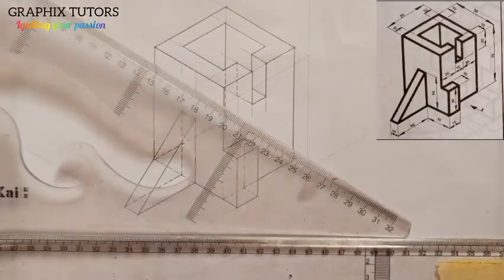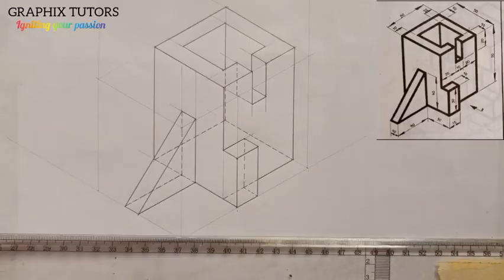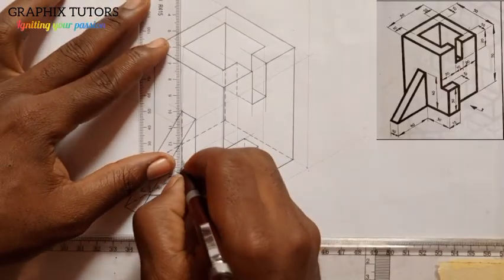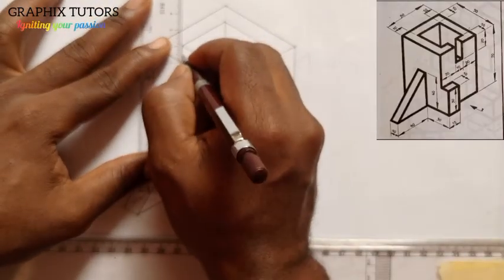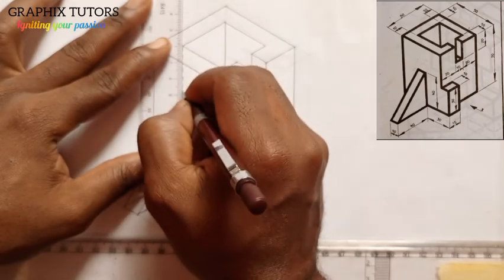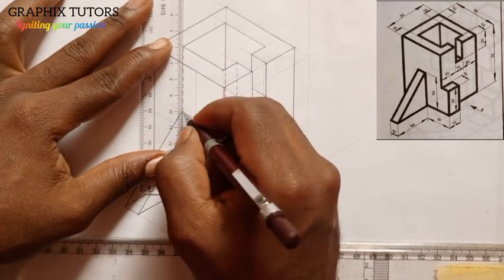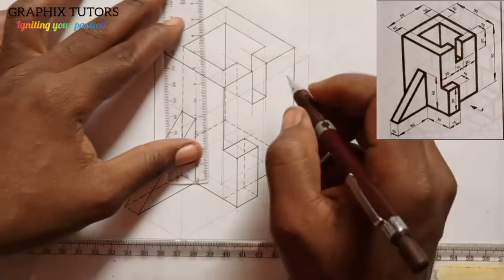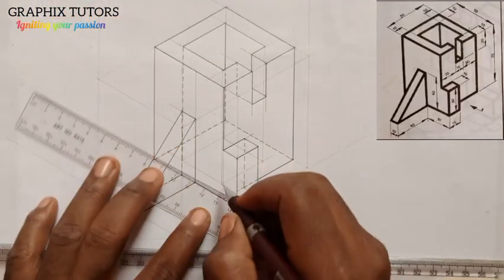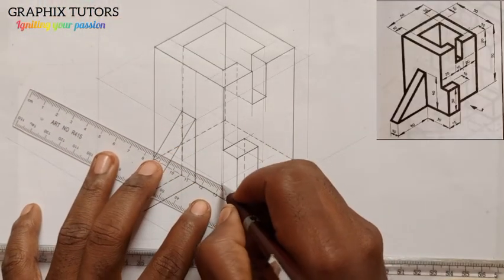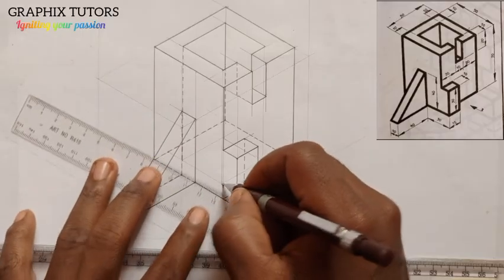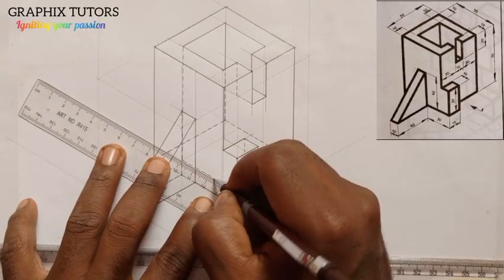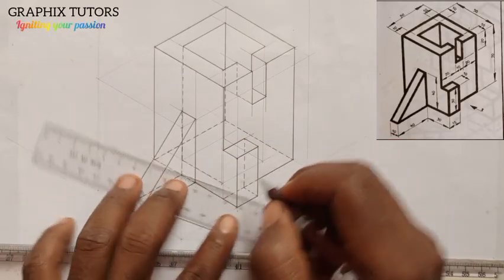Right, now we're not done. So through the inside, we're going to have from here the dash, dash, dash, so that it is a hidden line inward. Then here also, and here.